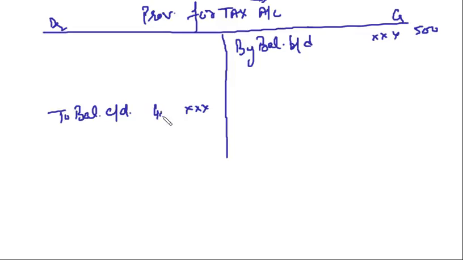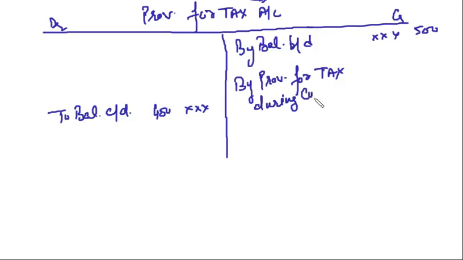This will be given to you. What else will be given is the amount added during the day, by provision for tax during current year. This is 500.